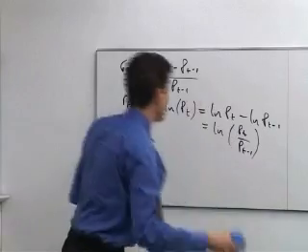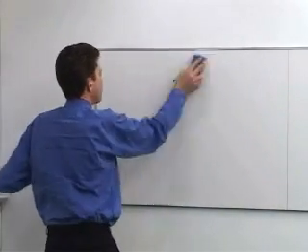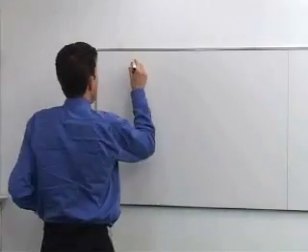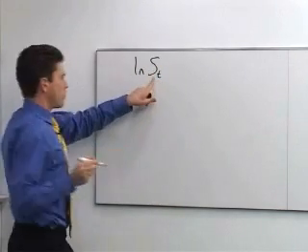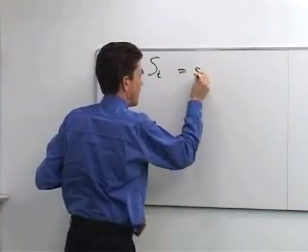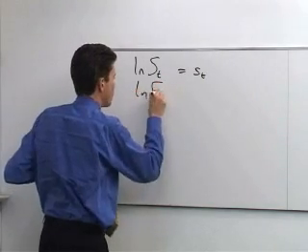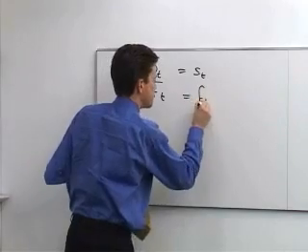Also, another small piece of terminology that we need to know: the natural logarithm, ln, of the spot price, which is denoted by capital ST, I denote by a lowercase st. And similarly, the log of the futures price, capital FT, I denote by a lowercase ft.